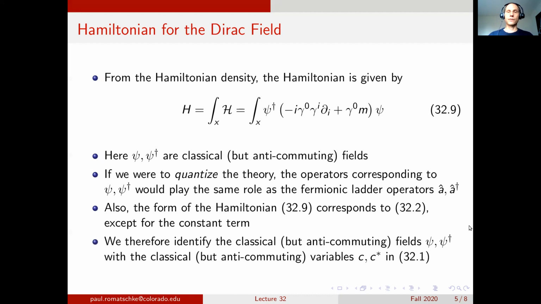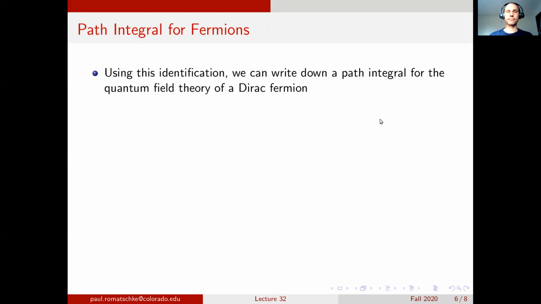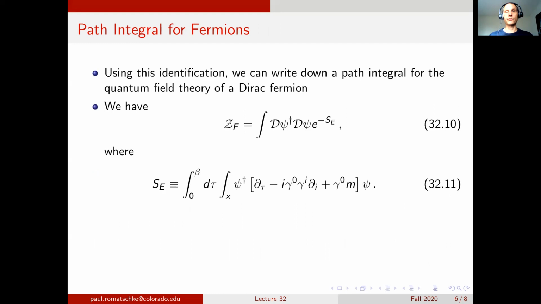Long story short, if we have this Hamiltonian for the Dirac field, we are going to identify the classical but anti-commuting fields psi dagger and psi with the Grassmann variables C star and C, such that we have an expression for the path integral. So we find the following result for the path integral for a Dirac fermion.